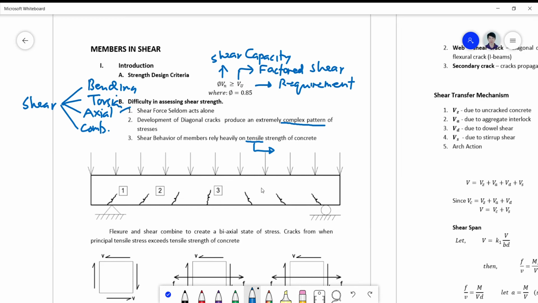In totality, your shear assessment is really very difficult to observe.